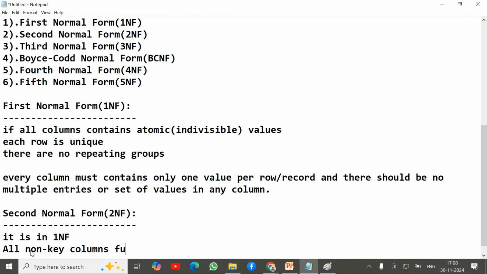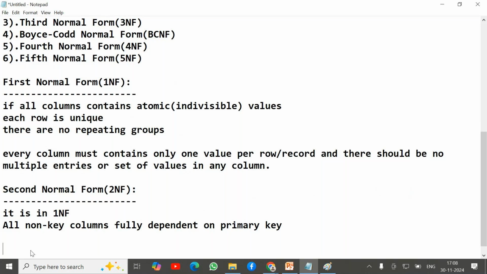Observing very clearly, 2NF eliminates the partial dependencies, which occur when a non-key column is dependent on part of a composite primary key.